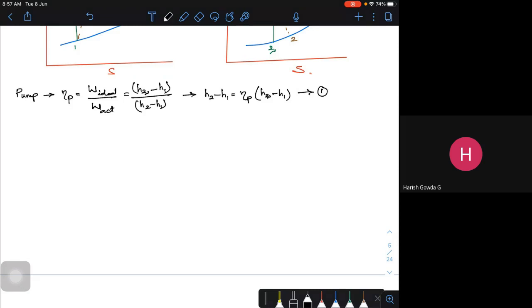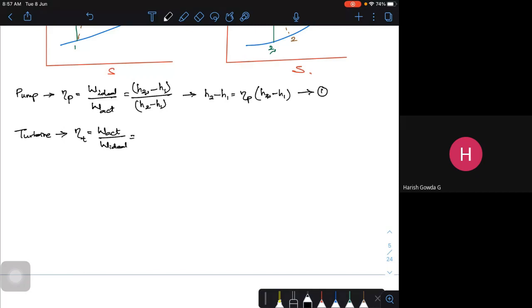Now what will happen to the turbine? If I consider the turbine, the turbine efficiency is given by the ratio of actual work to ideal work.